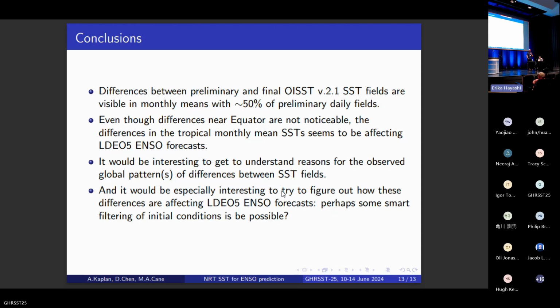If I can start, I have a comment from Helen Beggs from the Bureau of Meteorology online. She's sleeping now, so I will read on her behalf.